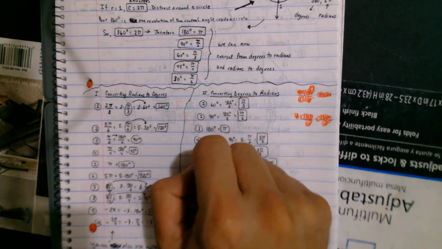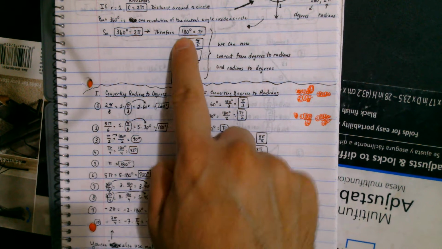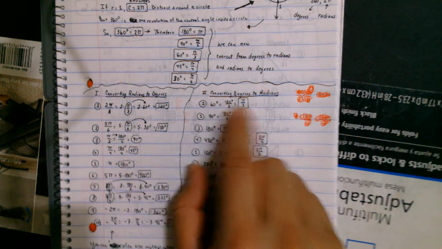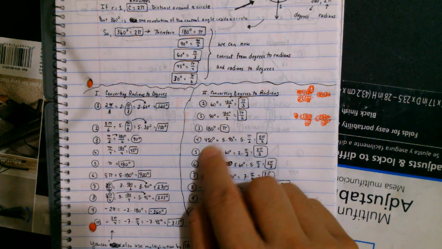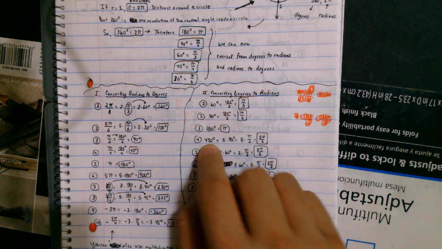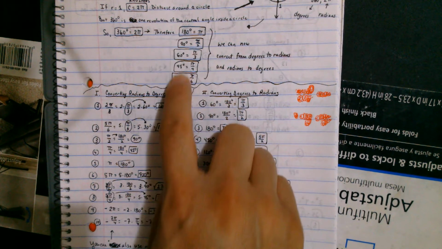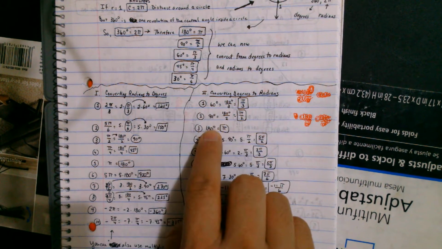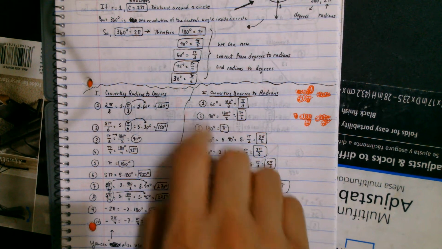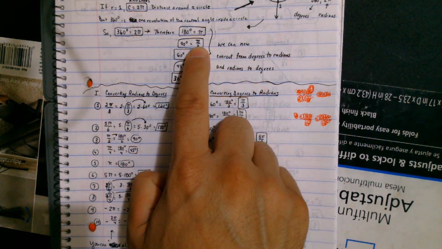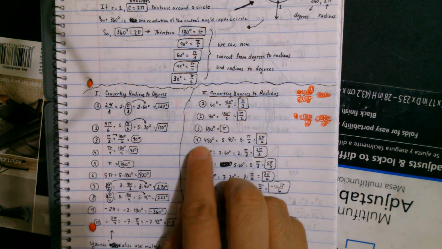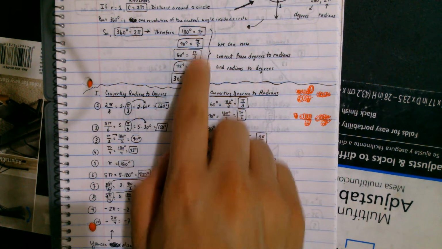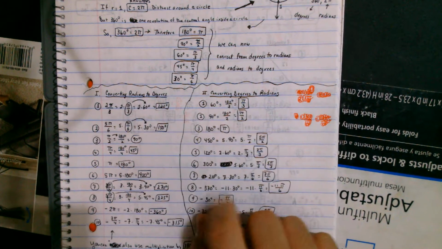So pi over 3. 90 goes into 180 twice. So 180 over 2 or pi over 2. 180 is just pi. 450 now. Now 450 you can't say, well, how many times 180? So you look at numbers that divide into 450. So you say, well, 450 is a multiple of 90. 90 is pi over 2. 450 is 5 of those 90s. So 5 pi over 2.